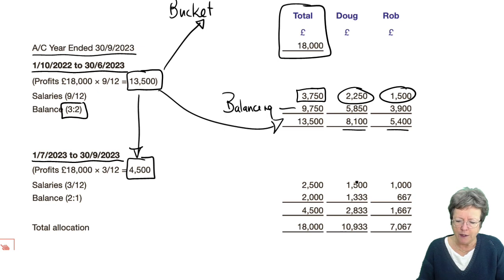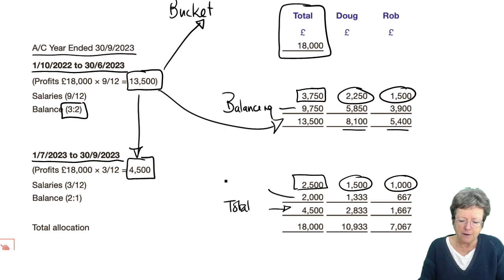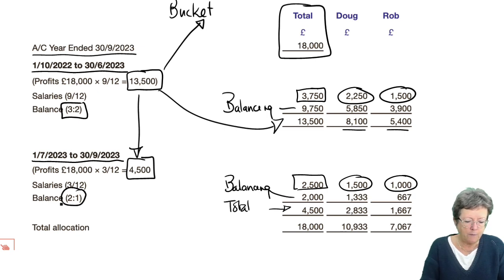Firstly, we always do the salaries, which gave us this amount, 2,500. Now the total that we are allocating is a balancing figure, and it's shared 2 to 1.